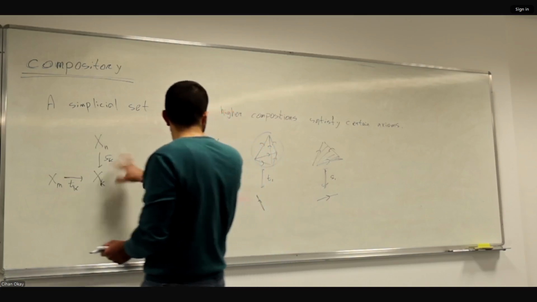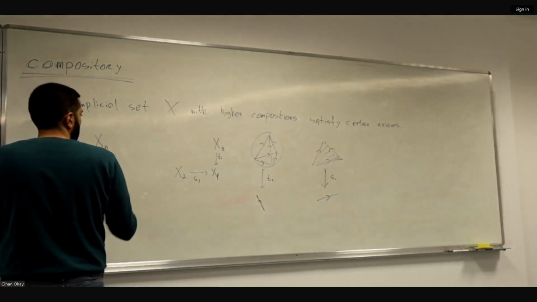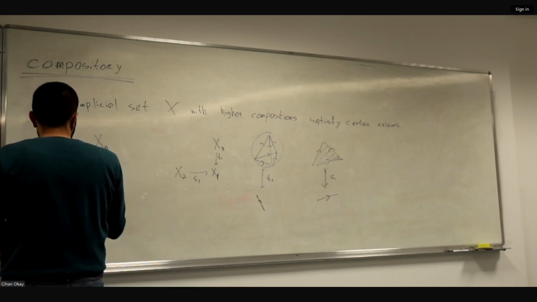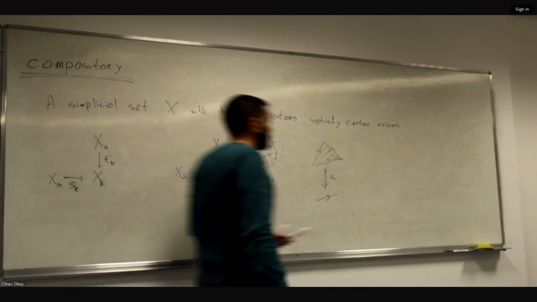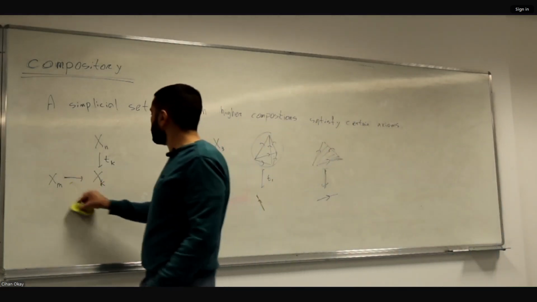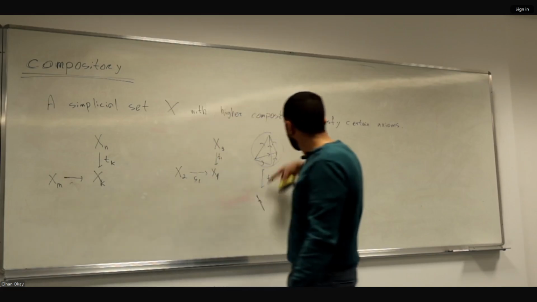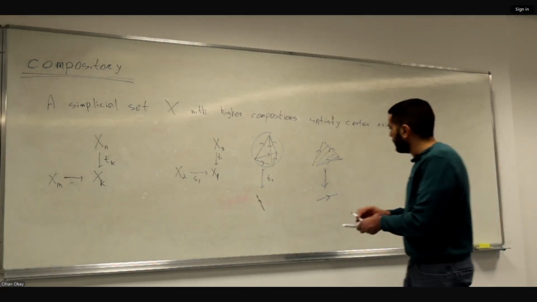Maybe it's the opposite. I use the opposite there in order not to confuse it with face maps. S looks like degeneracy, so it's confusing. Let me use another word: T for terminal, the end, and I for initial.